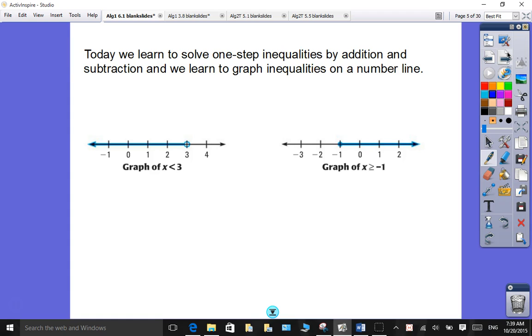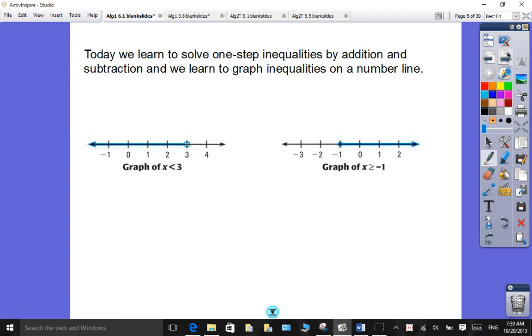The shading is to the left of 3, like that. Another way you can think of it, if it's solved for x on the left, then you can use this like an arrow pointing to the shading, right? So in this case, since x is less than 3, shade to the left. That's only because the x is to the left.